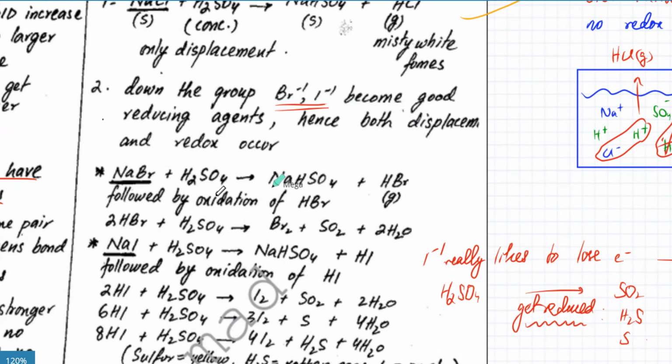If one wants to lose electrons, the other should gain electrons. So you need a reducing agent as well as an oxidizing agent. So also remember that the reason H2SO4 gets reduced is because H2SO4 is a good oxidizing agent. Is this point clear?